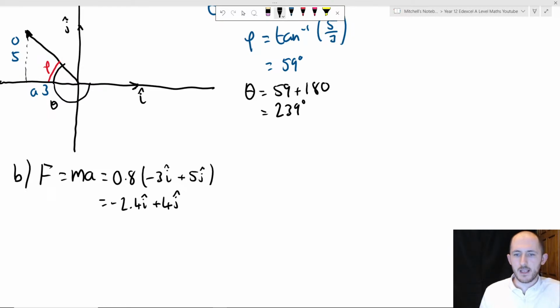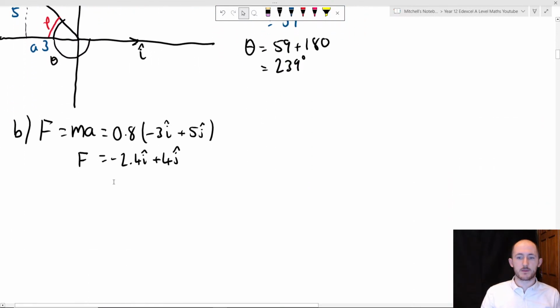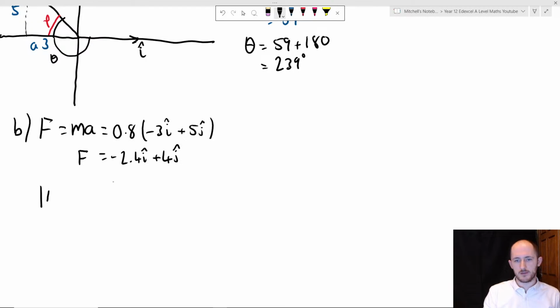Okay, so that is what my vector is for force, because remember force is a vector. If you ever have a scalar multiplied by a vector, it always gives you a vector. However, it says find the magnitude. So this is where we're actually going to do what we said earlier. If you want, you can make this a vector by putting a little arrow on its head.